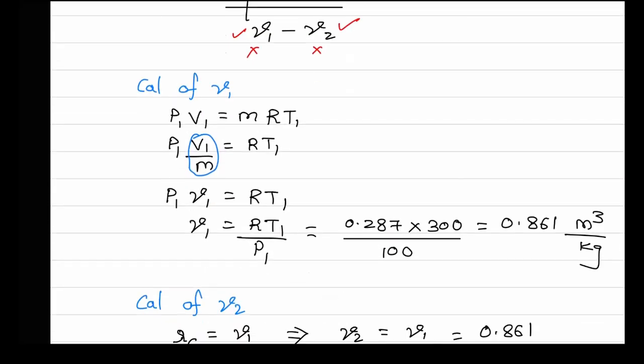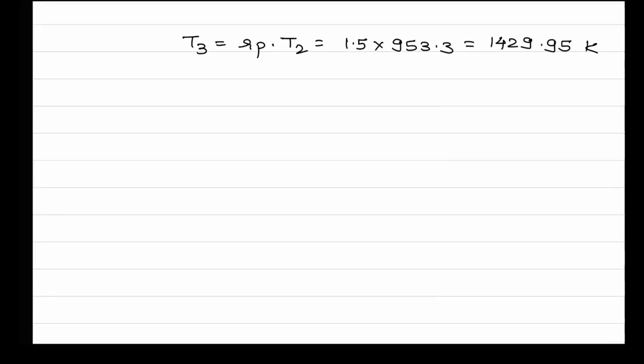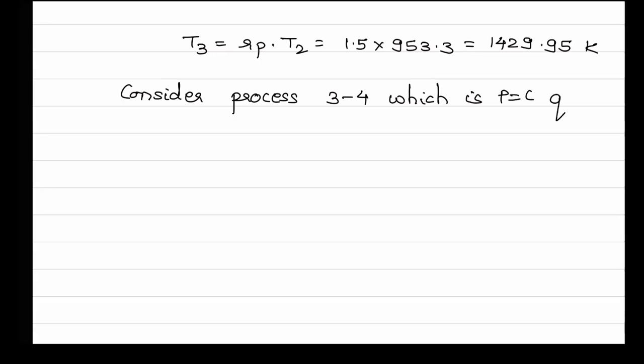Consider process 3 to 4, which is constant pressure heat addition, heat supplied. Since it is a constant pressure process, I can write down this type of equation for 3 to 4.